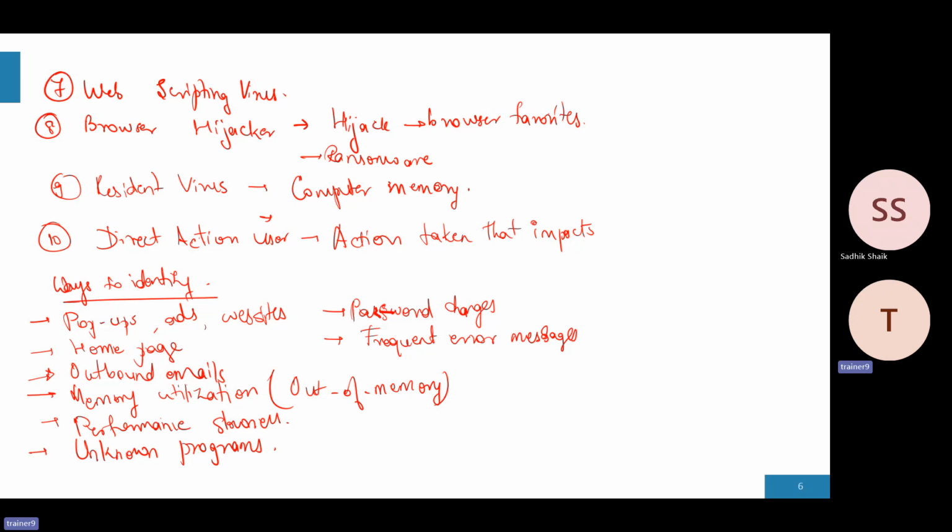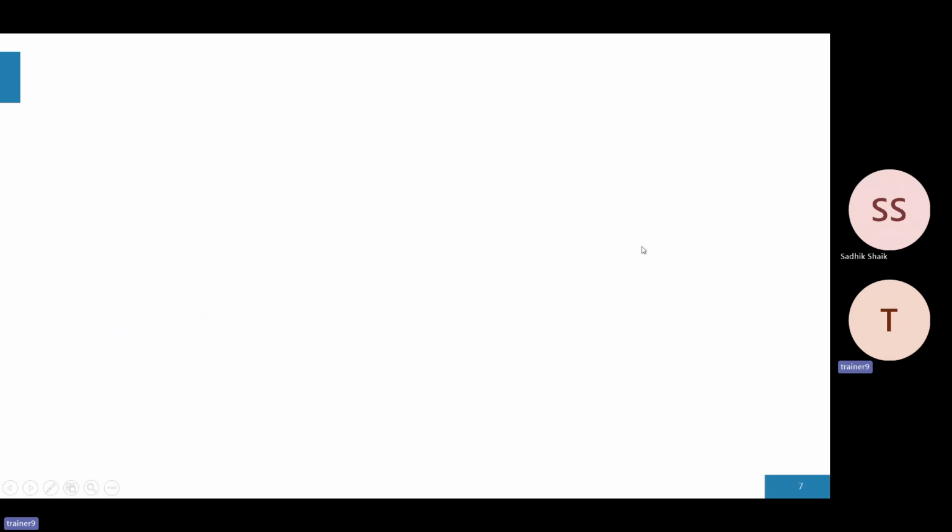So I was mentioning certain examples of these viruses, right? We saw one example, which is the Stuxnet example. Like this, there are other examples of viruses that have been popular or that have happened in the past. Stuxnet was one we discussed.